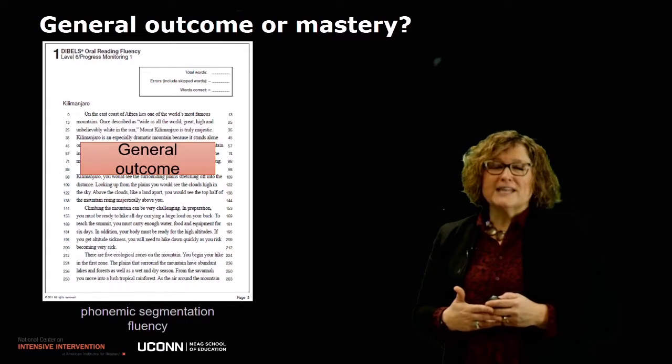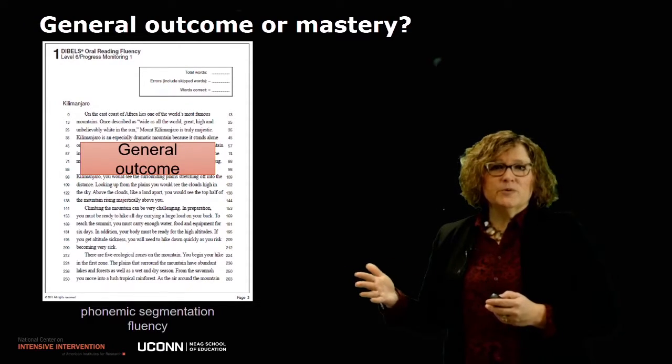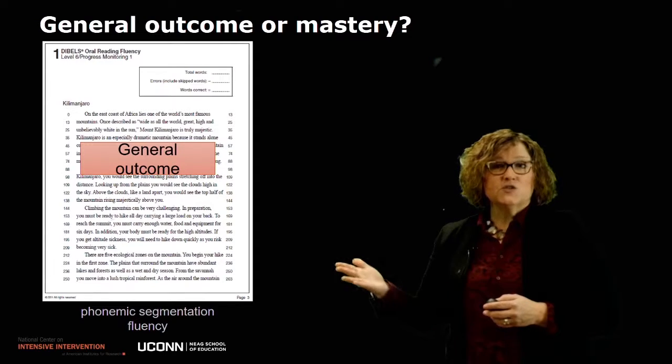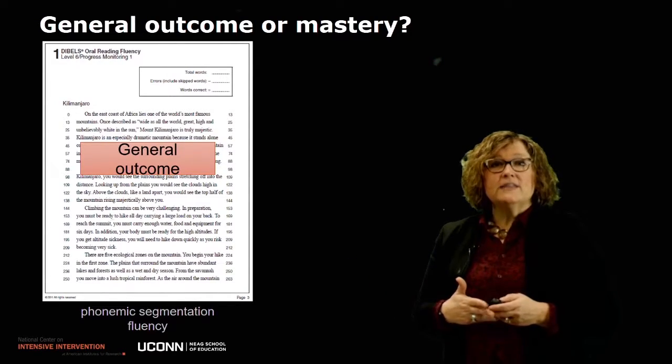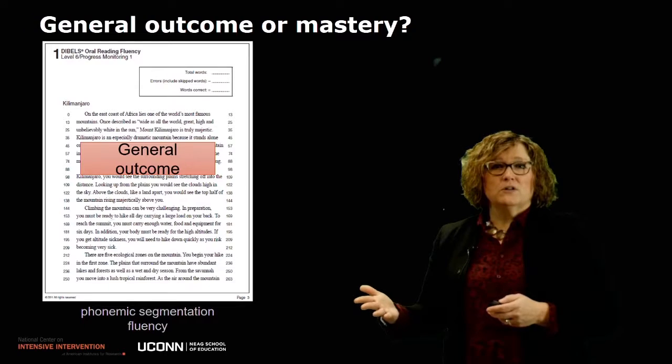It's really our gold standard measure. This measure typically is given for 1 minute in that students read aloud for 1 minute. And this would be an example of a general outcome measure.